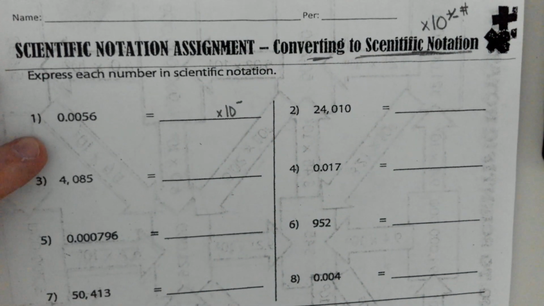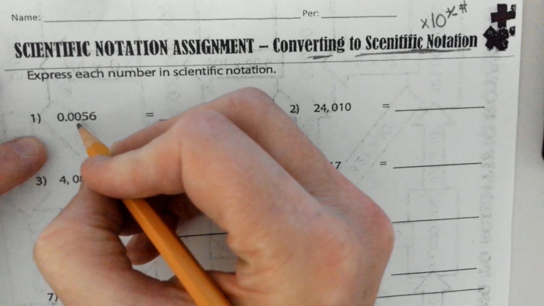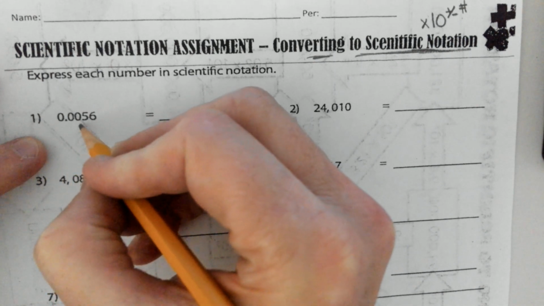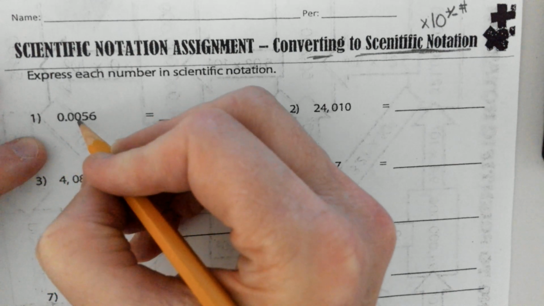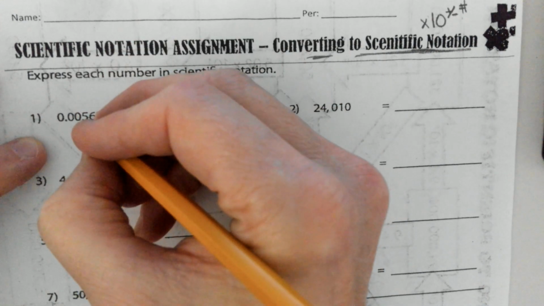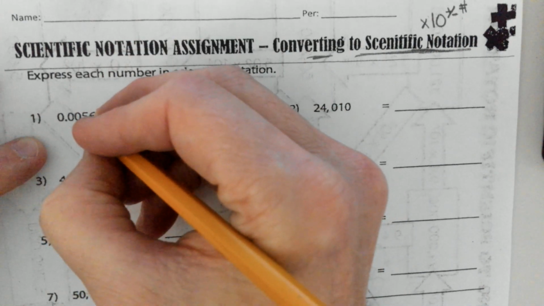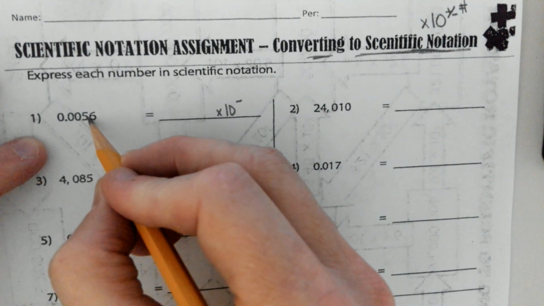Okay? Now this is where the leading digit comes in. The leading digit we talked about. The leading digit is the first non-zero counting number that you come to, left to right. The first counting number that you come to that's not zero, the first natural number is 5. You're going to put the new decimal place right after the first leading digit.